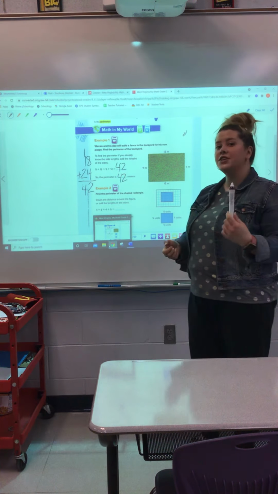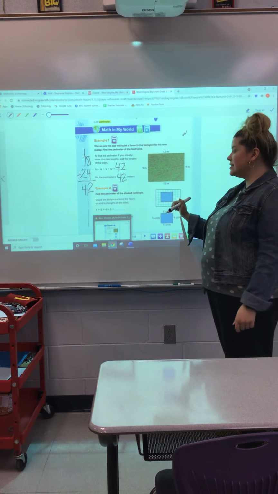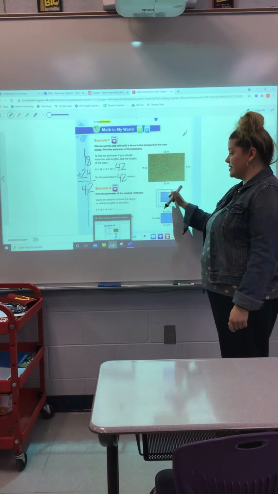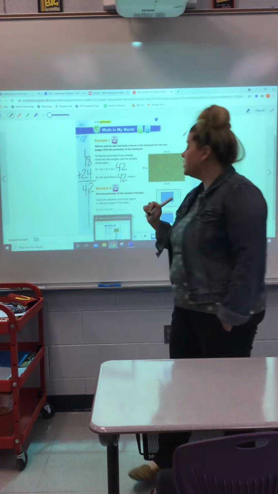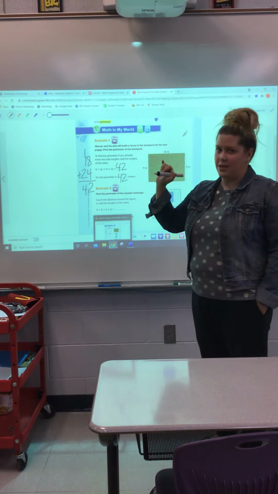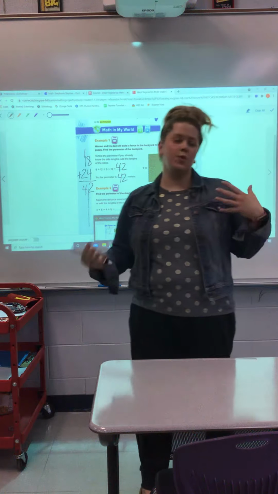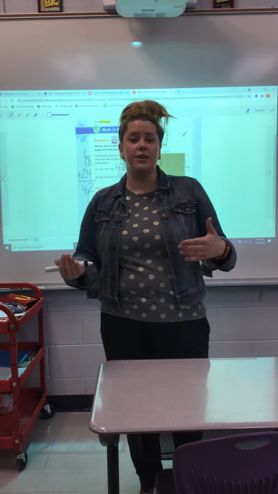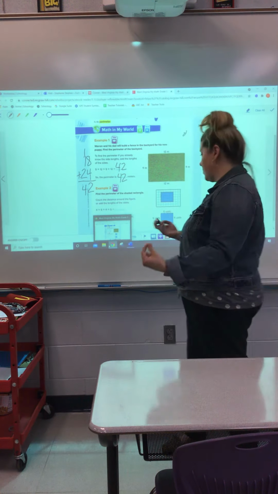So now let's look at a different kind of perimeter. A lot of times you're going to see shapes like this, okay? We call those tiled shapes. So when you want to find the perimeter of a tiled shape, it's a little bit different than this because instead of having a measurement like 4 inches or 7 inches or 3 centimeters, you count the blocks or the squares, okay?